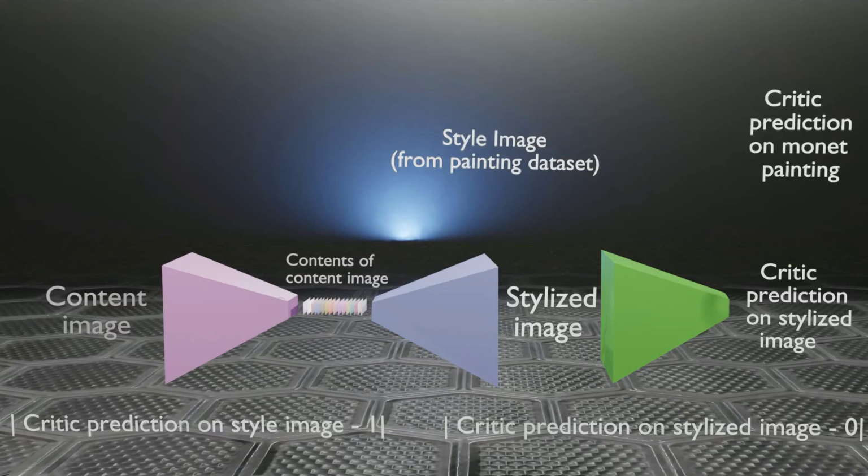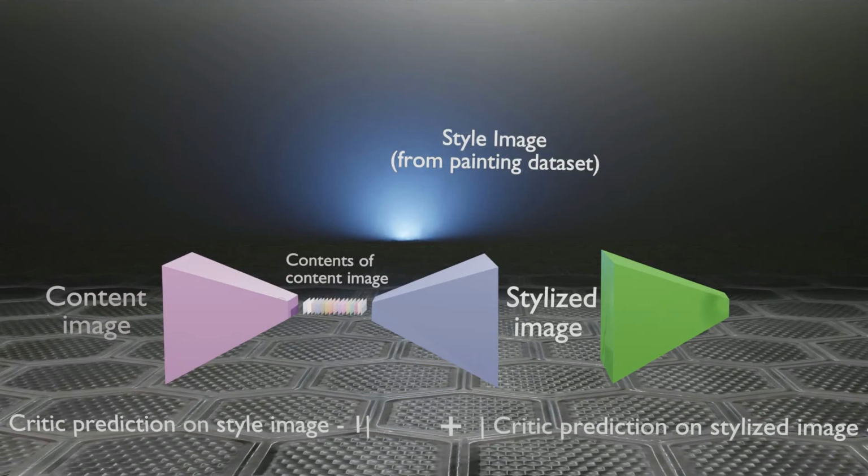If you want the total loss of the critic for prediction on both the style and the stylized image, it would be just the sum of both these losses, which in simple terms says how far away you were from the desired result at the end of prediction on both the style and the stylized image. So we will use this as the loss function to train the critic. If you're thinking why we are training this critic, it will all be clear in just a while.